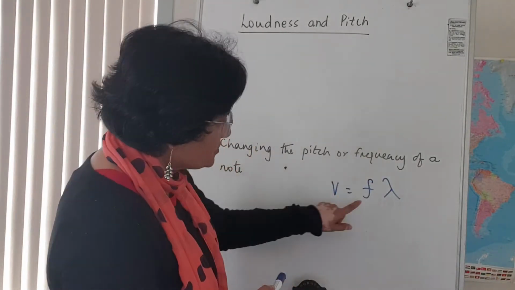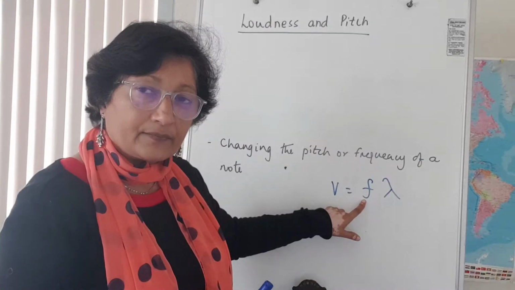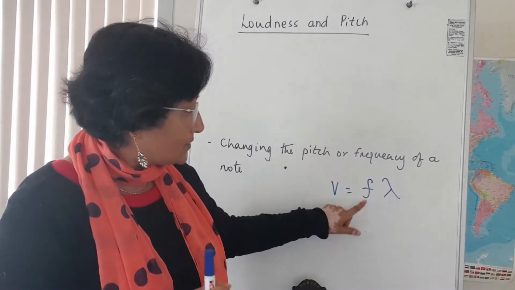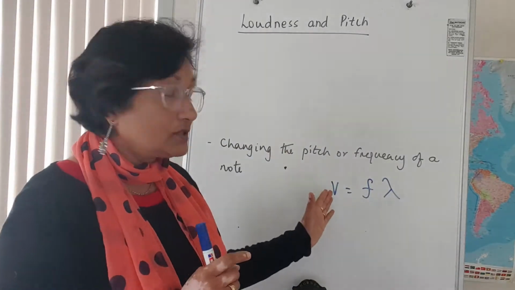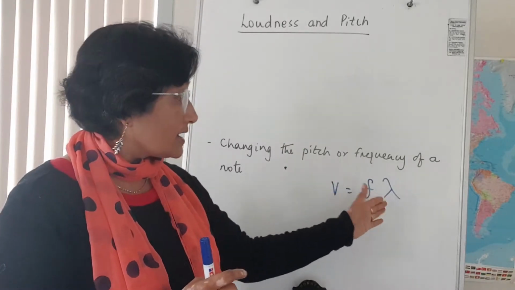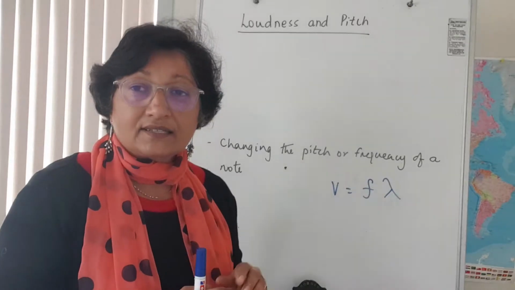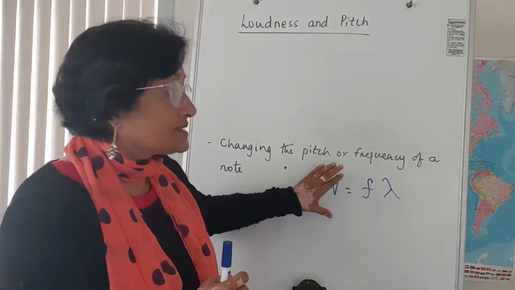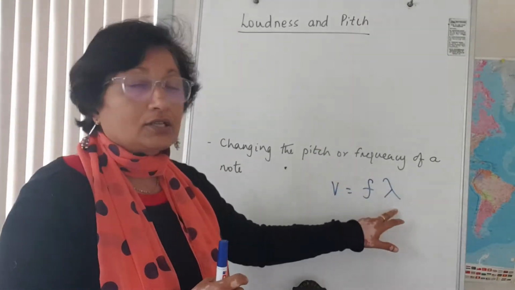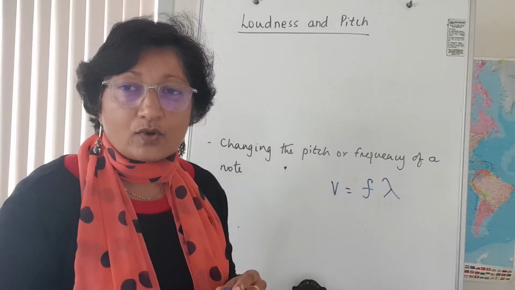So what are we trying to do? We're trying to change the frequency. So if you're changing the frequency, we need to either change the speed with which the wave travels, so long as the length of the string or the pipe is the same, that means the wavelength's the same, or we are keeping the speed the same but changing the wavelength. So there are different ways of doing this.